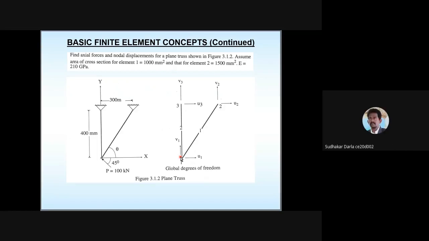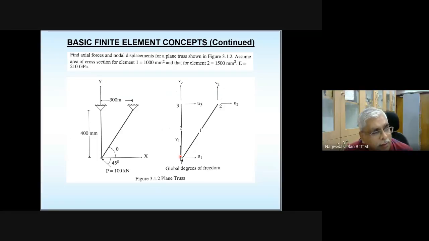And I told you when you are solving plane truss problems, ith node contribution goes into 2i minus 1 and 2i rows and columns in the global equation system. Okay?